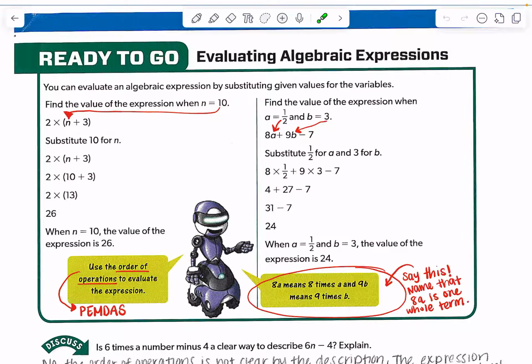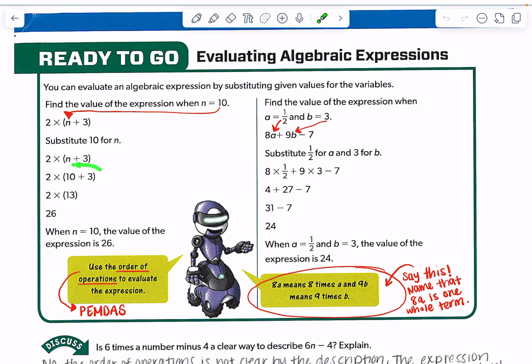So in this first intro, it says find the value of the expression when n is equal to 10. Our expression is 2 times parentheses n plus 3. We are going to substitute 10 for n.